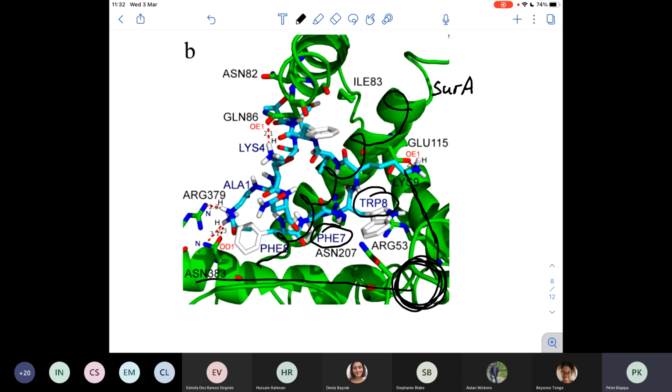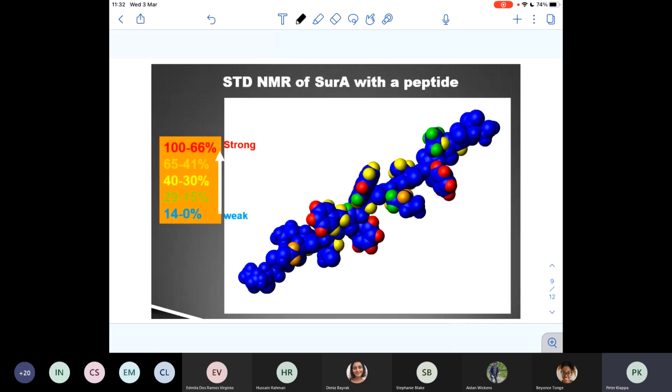So at that point we already had an idea of what the area surrounding our model peptide is, so what the structure of the binding site potentially looks like. And then we carried on with that. We used a technology which is called STD NMR. It has nothing to do with sexually transmitted diseases.